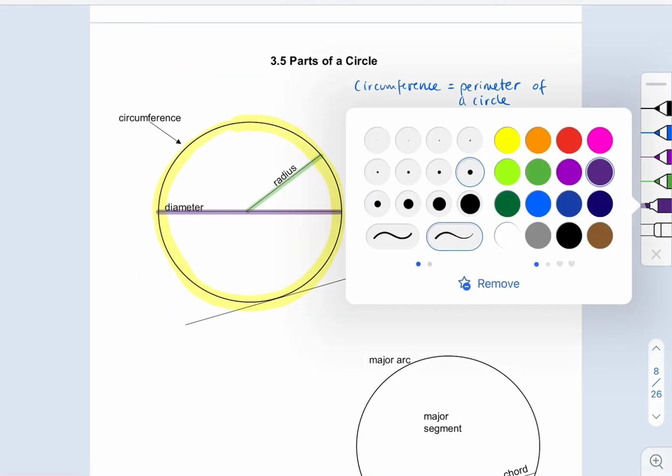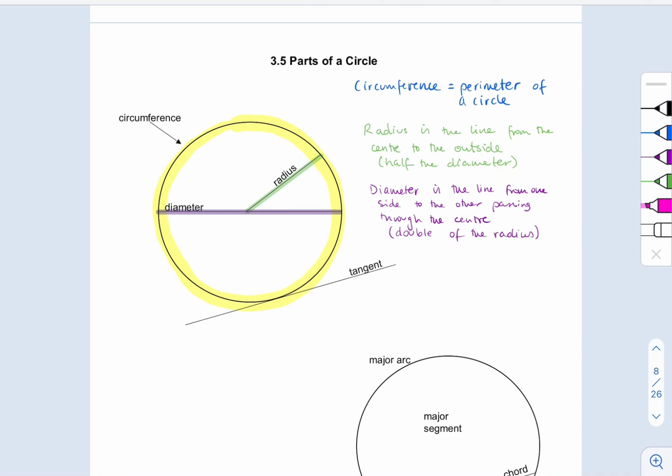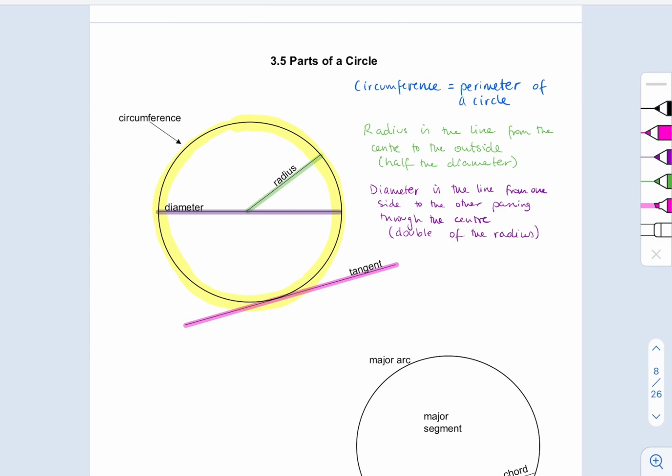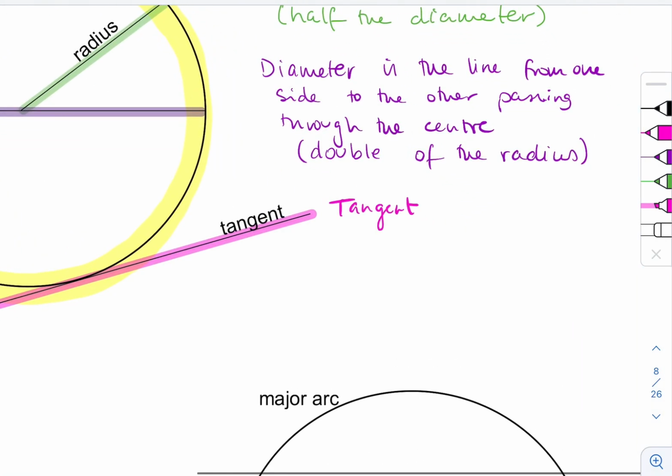The last definition we are given in this circle is tangent. Tangent is this straight line here. So tangent is a straight line which touches the circle at one point.